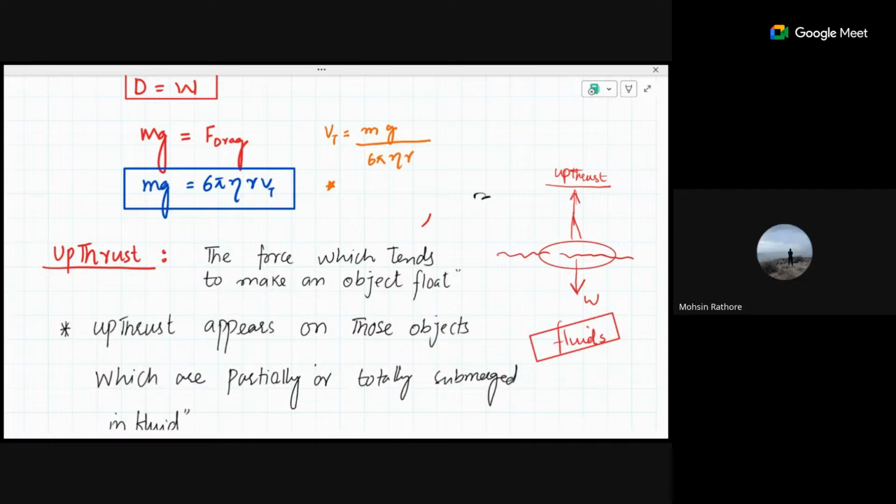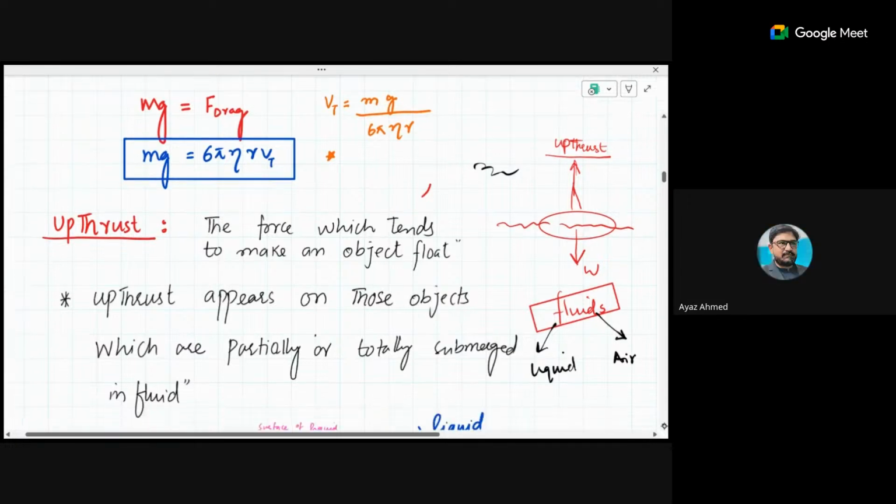Yes, sir. So a fluid can be water, any type of liquid, and it can be air. As I told you, we are talking about fluids. Drag was also coming from fluids. So upthrust has a relation with fluid.